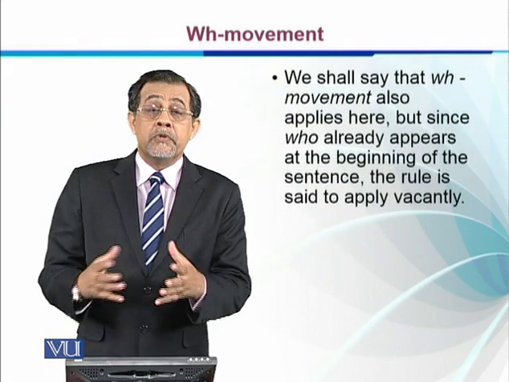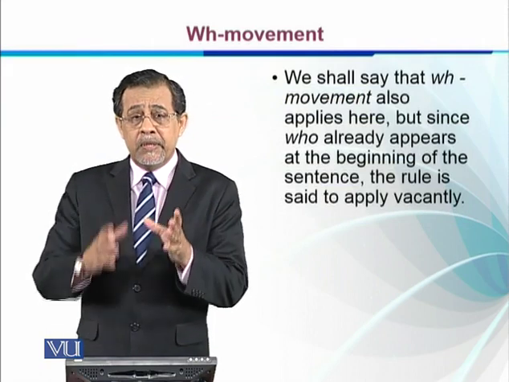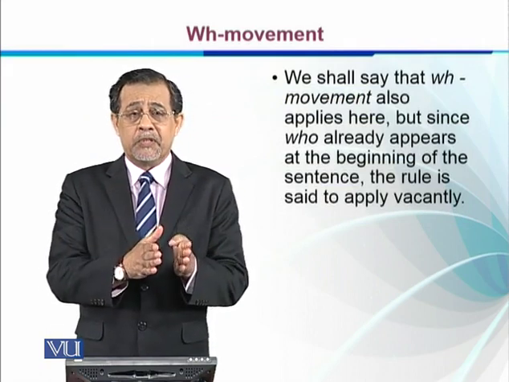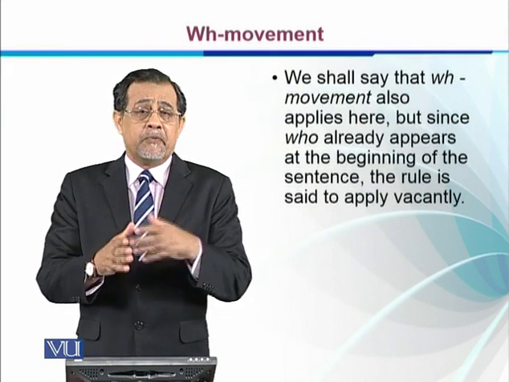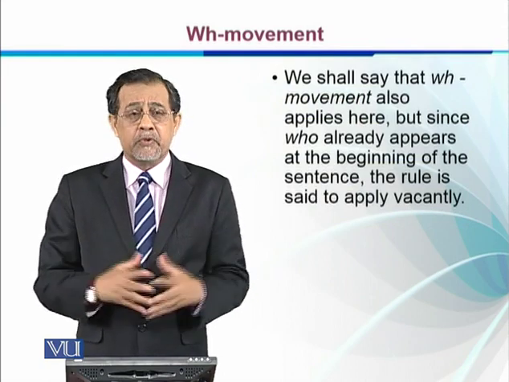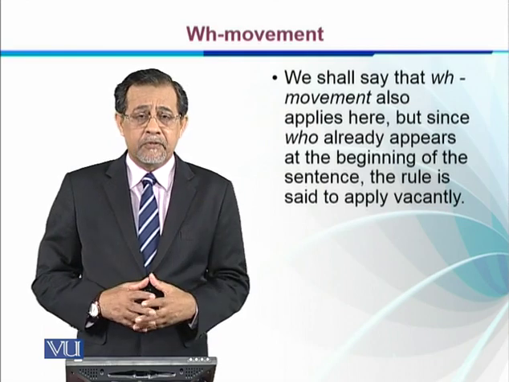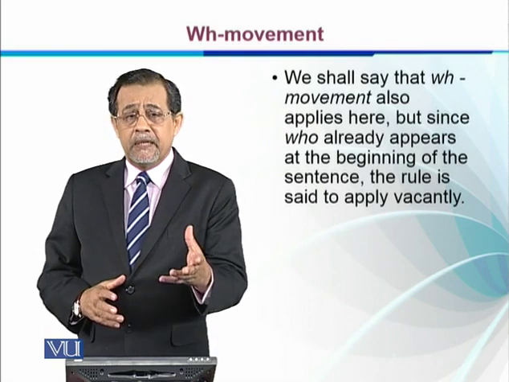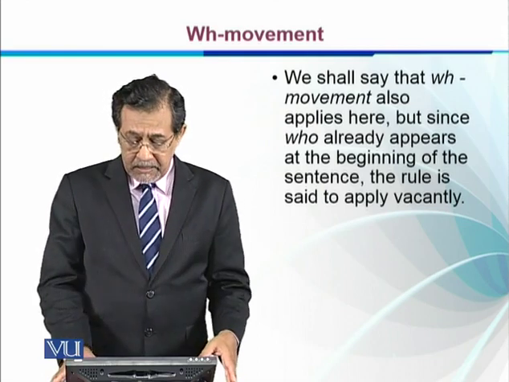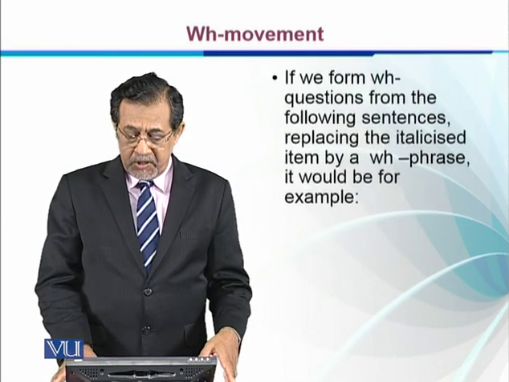"Who goes there?" Who is in its initial position, the position where it is generally found. So we do not need any insertion of do in it. We don't need it.